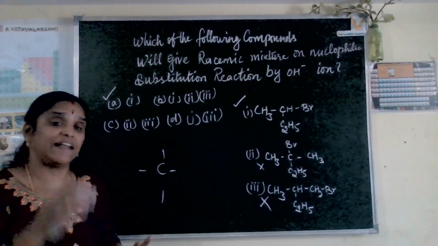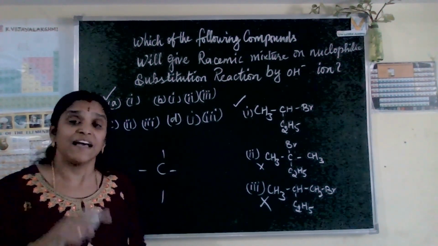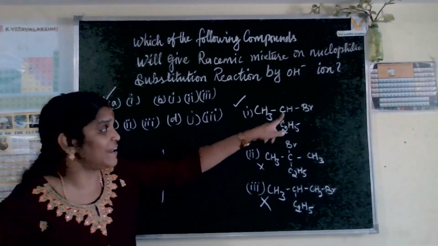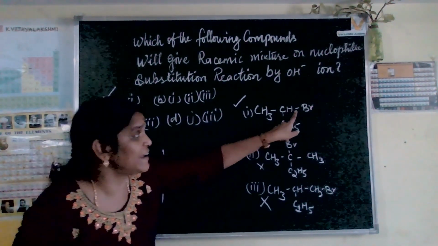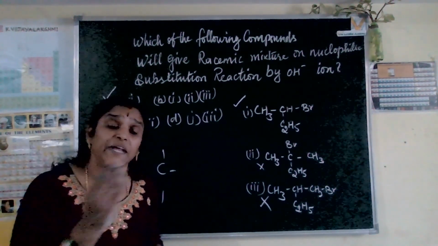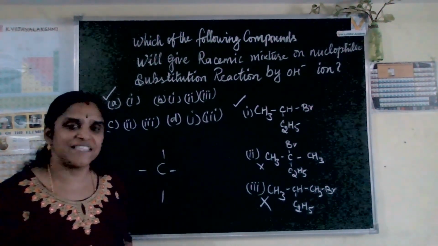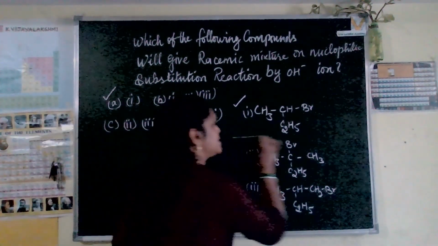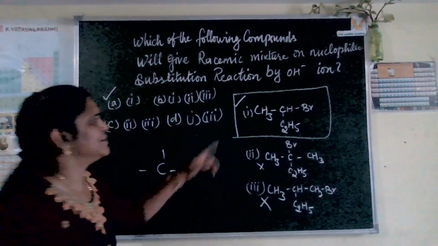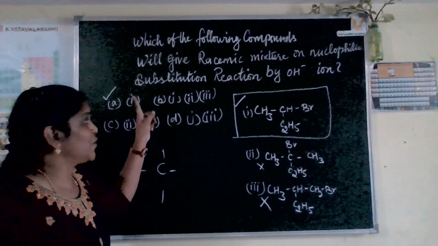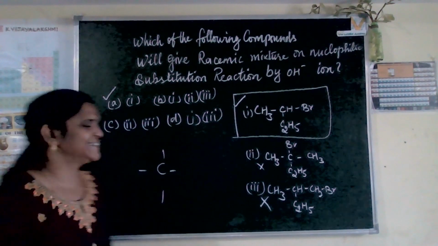Next, a secondary halide should be attached to that carbon, and it should be optically active. So these are the points for approval. Among them, option 1 is the correct option. I hope your vote also goes for option 1.